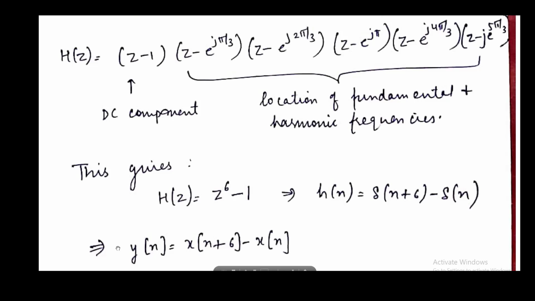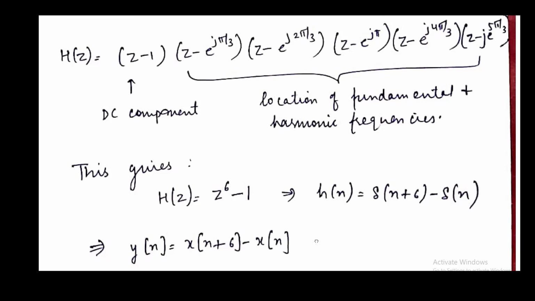But if you see this filter, basically this corresponds to a non-causal type of filter, because in this the output is depending on the future input sample. So to make this a causal filter, we have to include poles. So how many zeros are there? There are 6 zeros.